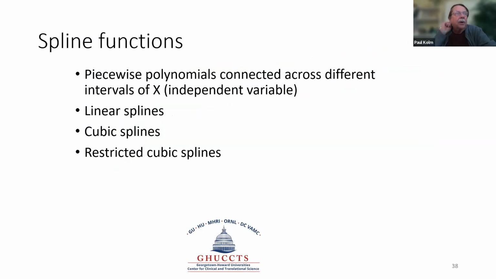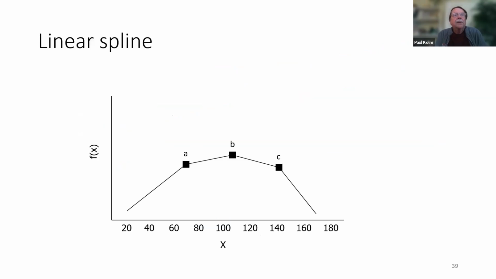Okay, then another way, our last linear way of looking at nonlinear relationships is to do what we call spline functions. And there are different ones here, but because of time, I'm just going to do an example here. So linear splines is basically this idea where we model a nonlinear function with piecewise linear functions.